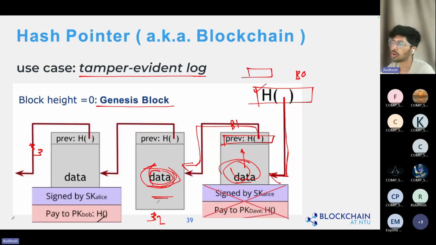So you cannot actually tamper the data of block 1 when you already have a block 2 or block 3. If you tamper the data on block 1, it will create another block which will have a different hash of itself and different data. I'll just call it D1 and I'll call it hash 1.